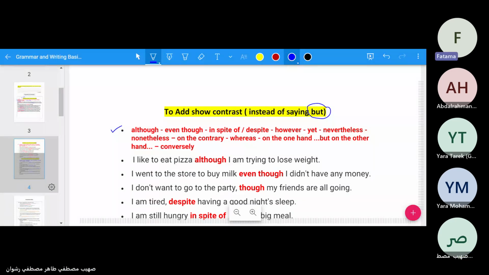Although, even though, in spite of, despite, however, yet, nevertheless, nonetheless, on the contrary, whereas, on the one hand, on the other hand, conversely. Thank you.